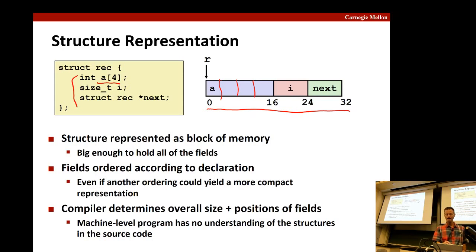All right, I is laid out next, and then this pointer is laid out here, and we need 8 bytes for a pointer. Notice that they get laid out in memory according to the order in which you set them up here. Okay? Good.